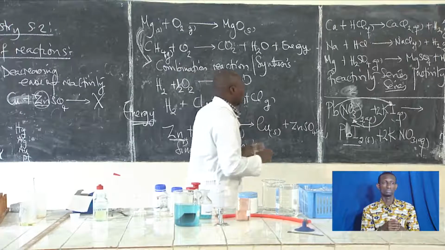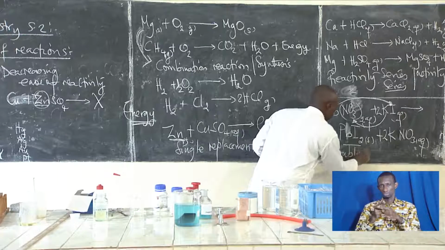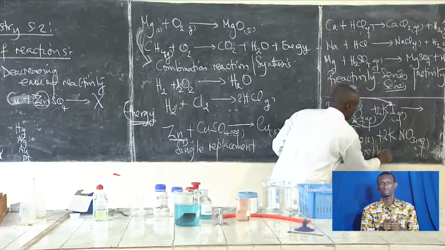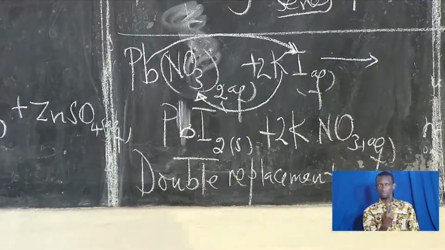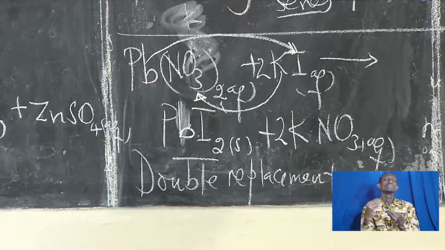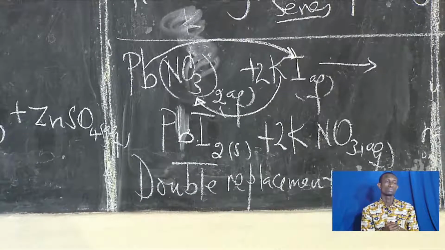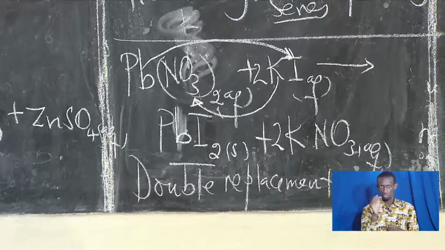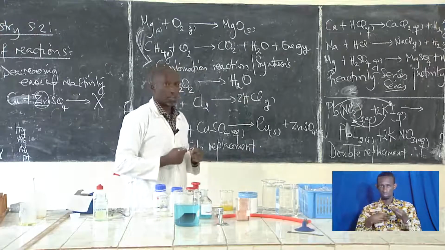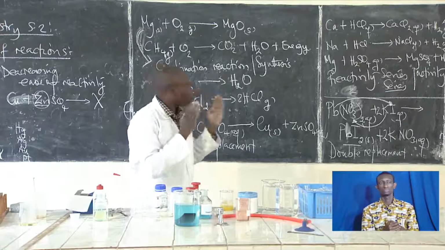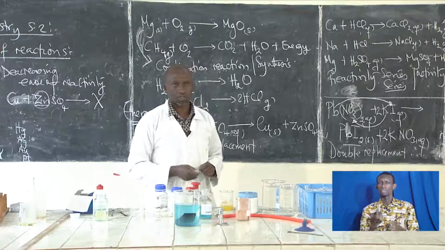Good. So this type of reaction is what we call double replacement. In a double replacement, you have two aqueous solutions combining together to produce a solid and another aqueous solution. So a solid is formed from two aqueous, soluble solutions.